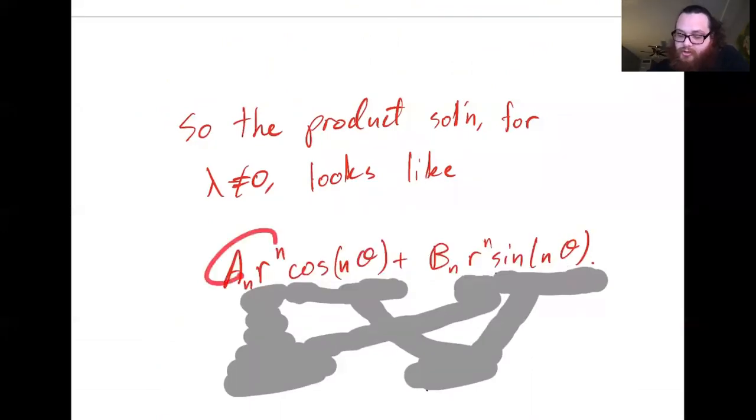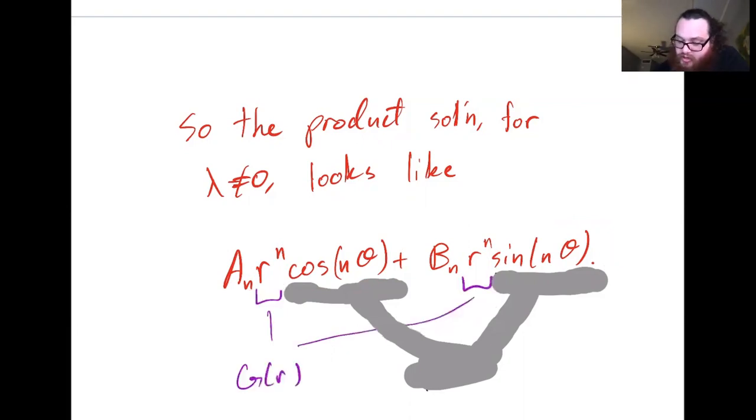So some arbitrary constant a sub n, which we'll be able to compute later, times the radial piece, G of r, times the cosine piece, together with some constant b sub n times the radial piece r to the n times the sine function.